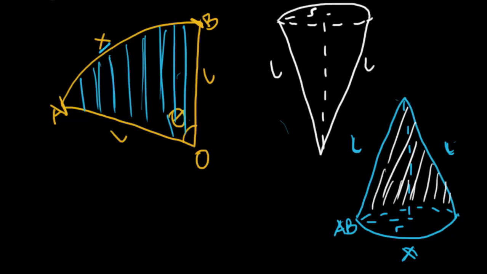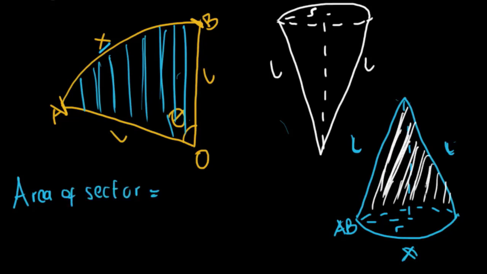So it then means that the area of this sector is the, what do we call this part I just shaded in a cone? The curved surface area. So the area of a sector is equal to the curved surface area of the cone.